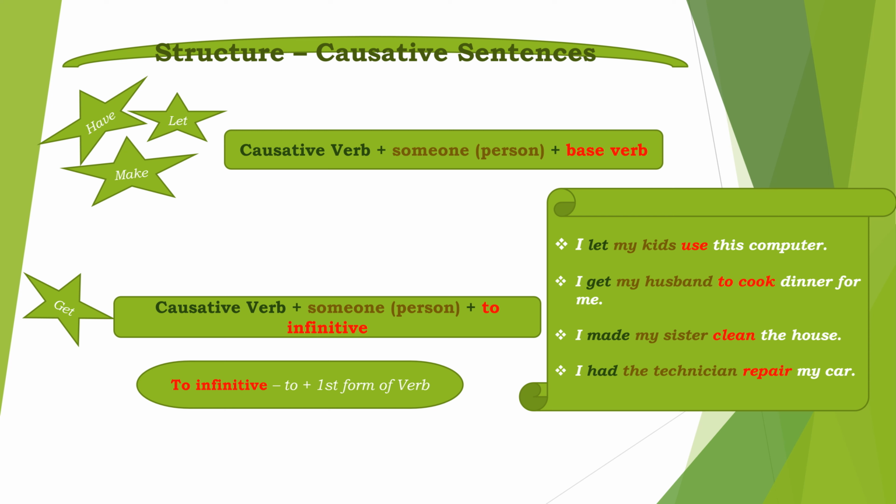I is a subject, had is the causative verb, the technician is someone, person, repair is the base verb, that means the first form of verb. My car is the rest of the sentence. Thus, we have seen that have, make, and let has a different structure than get. So remember that.